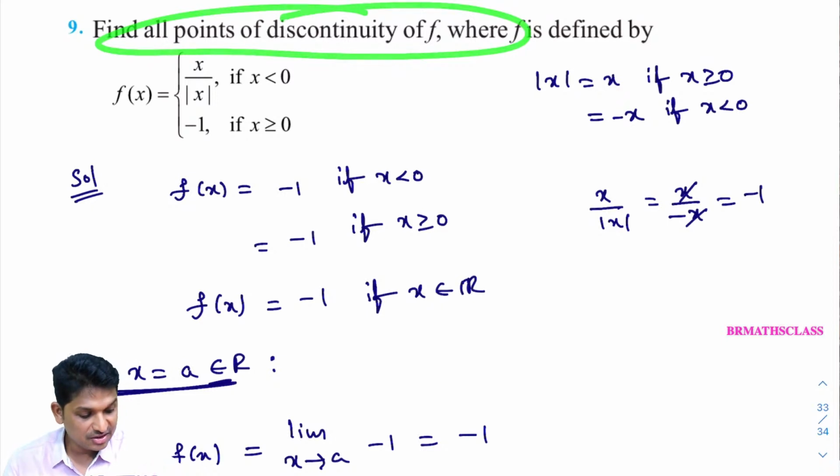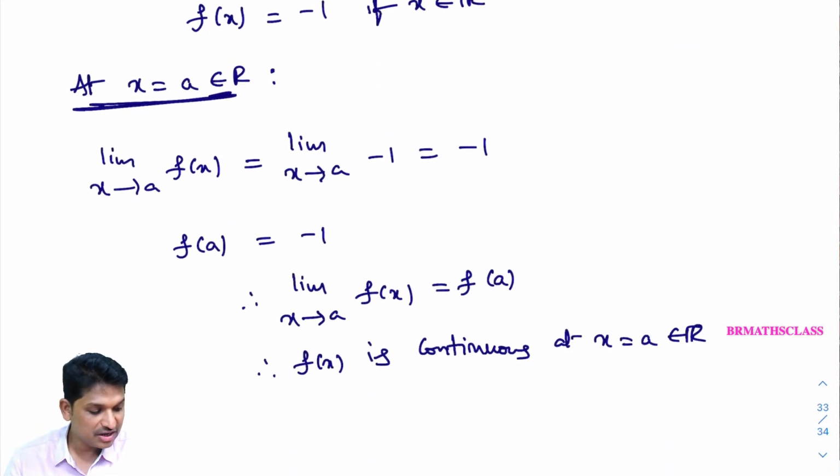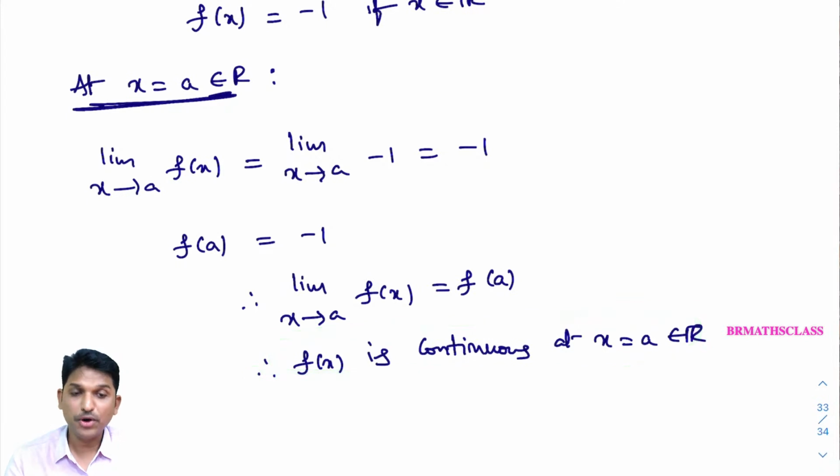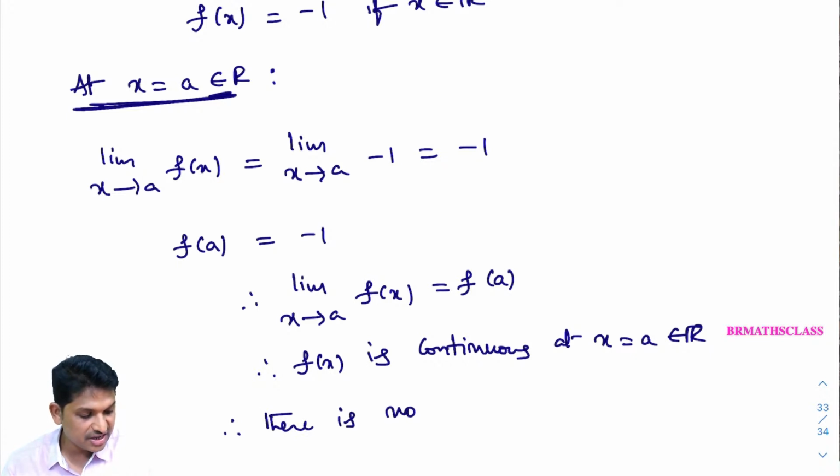Here this function is only minus 1 for all real numbers, so I checked at all real numbers and got that this function is continuous at all real numbers. That means there is no point of discontinuity. So you will write, therefore there is no point of discontinuity.